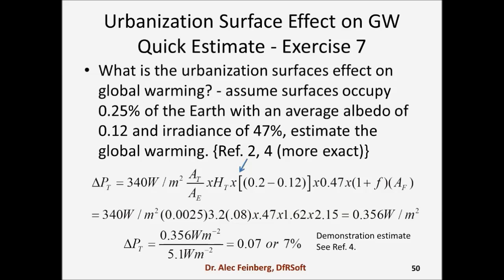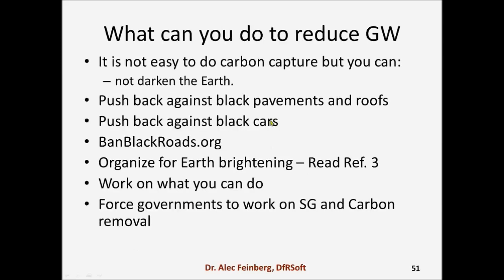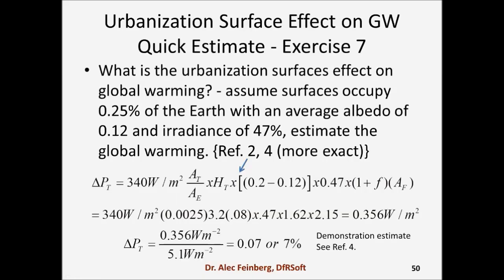Now, the area of the earth, I used about 0.25%. That's key for this problem, and that's in my reference 2 and 4. So that one is in reference 4.